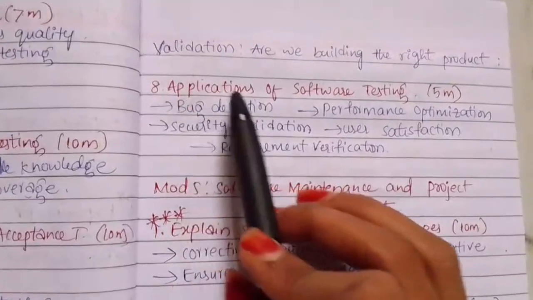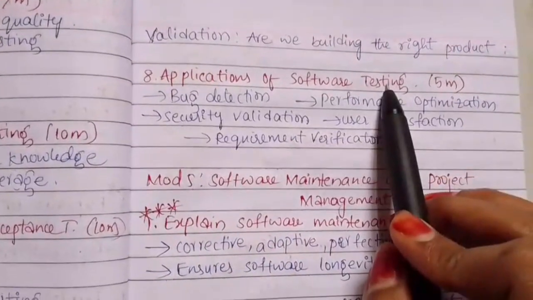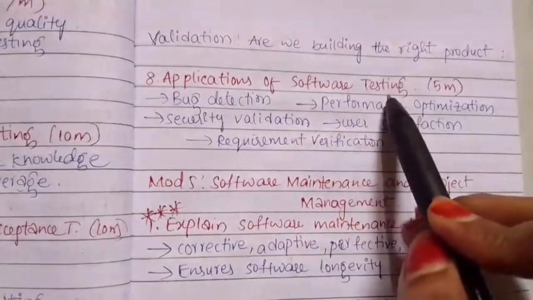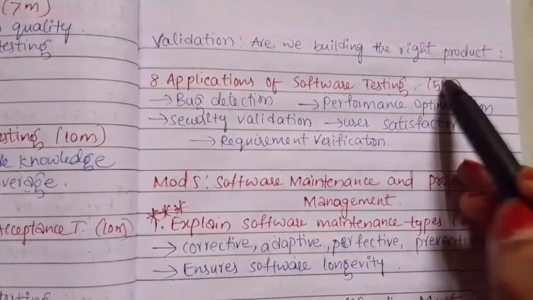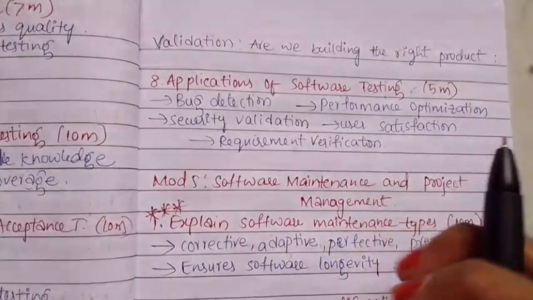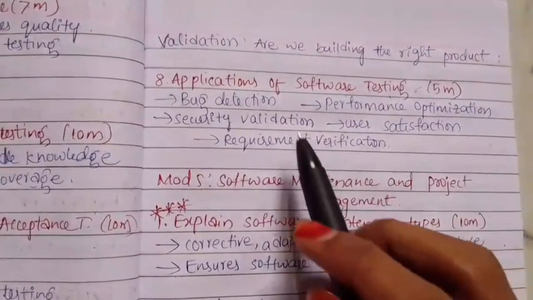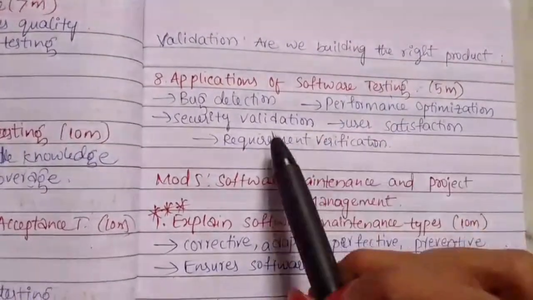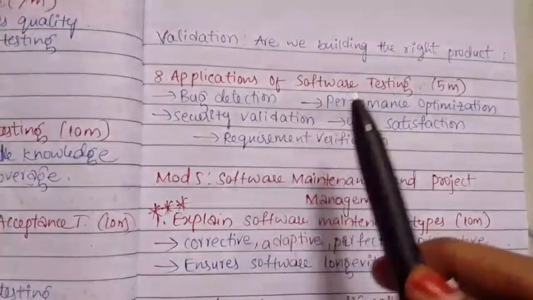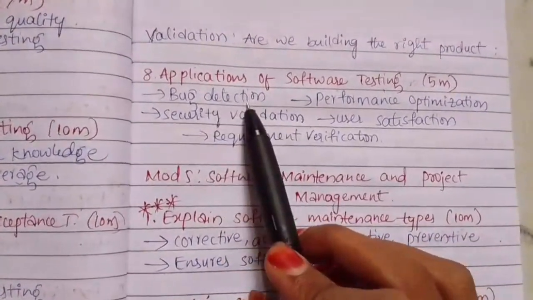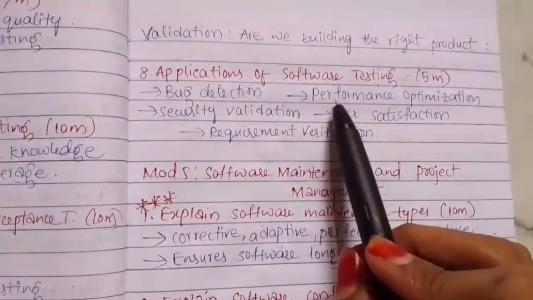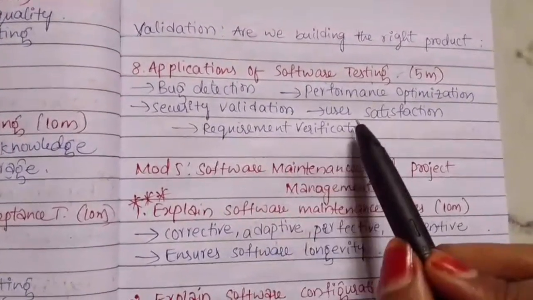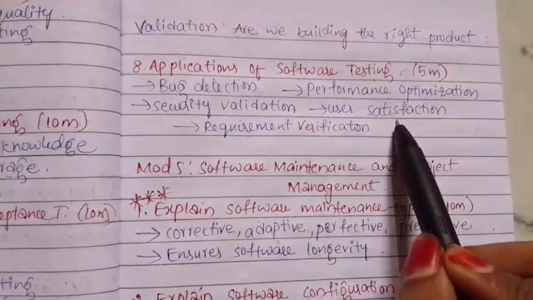And the 8th question is applications of software testing. You have to write down the applications of software testing for 5 marks. If you write 6 to 7, 8, that's enough. If you write only 5, then explain just in one line each and every application. Bug detection, performance optimization, security validation, user satisfaction.